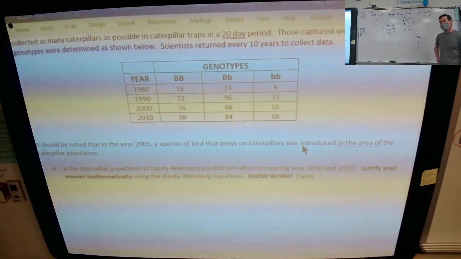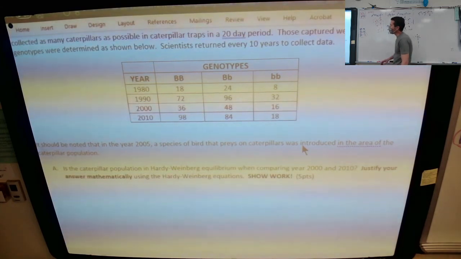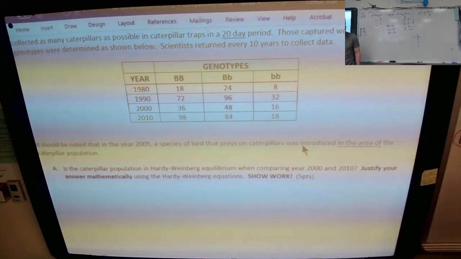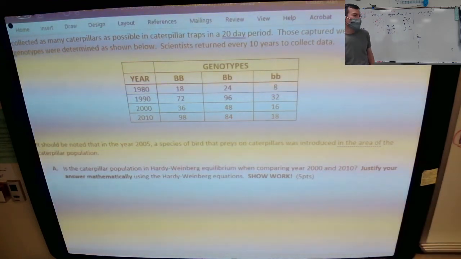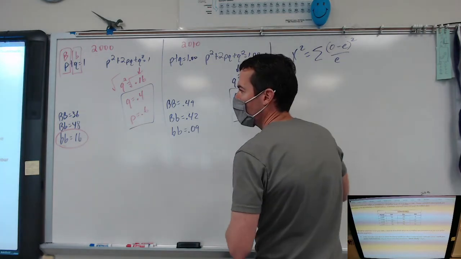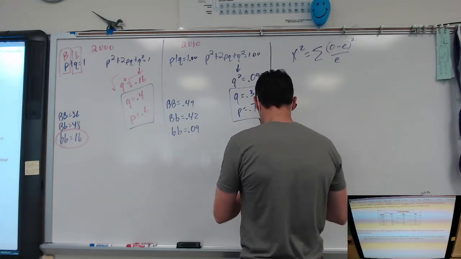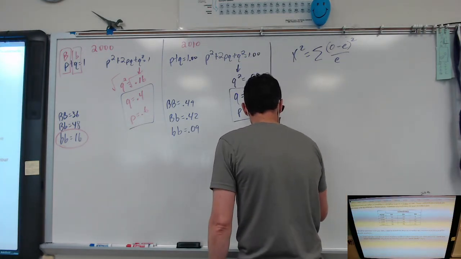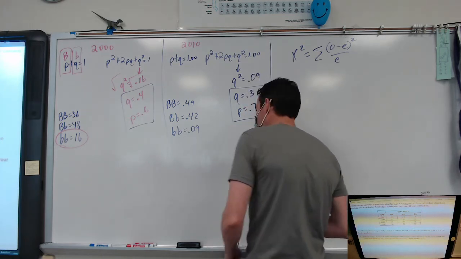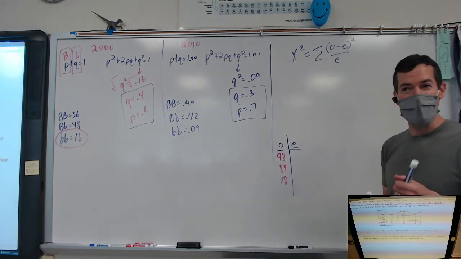Turns out it's 2010. So what did I observe in 2010? I observed 98, 84, 18. Now, what's incorrect about this?